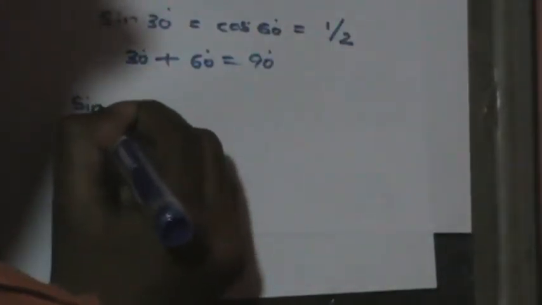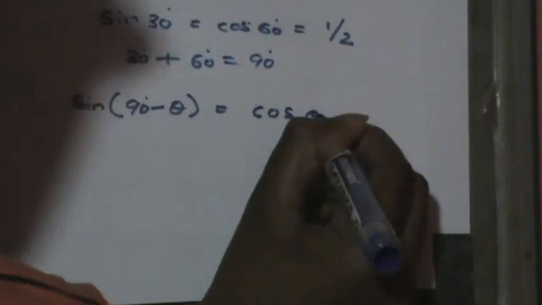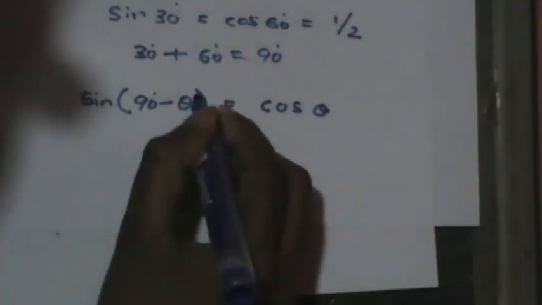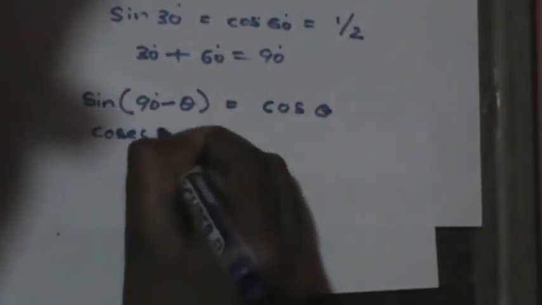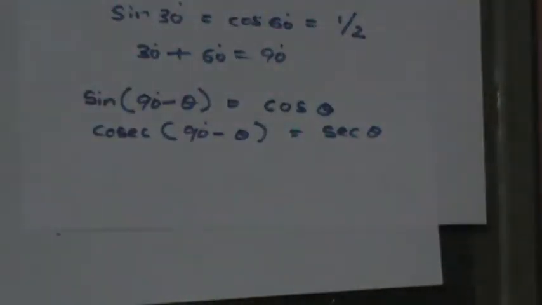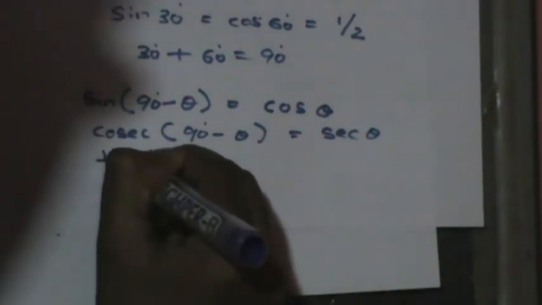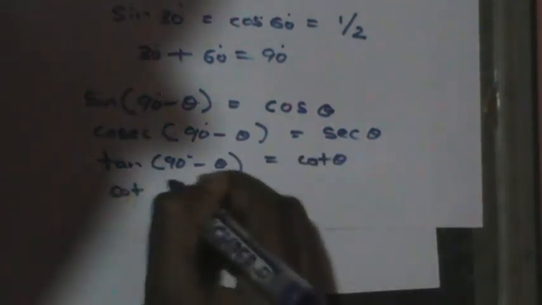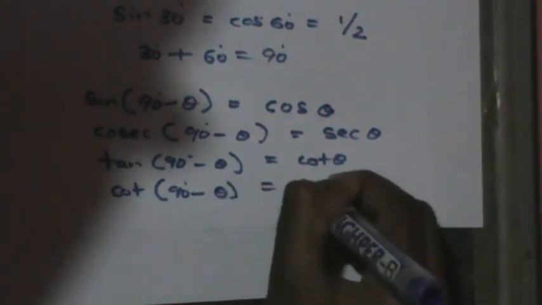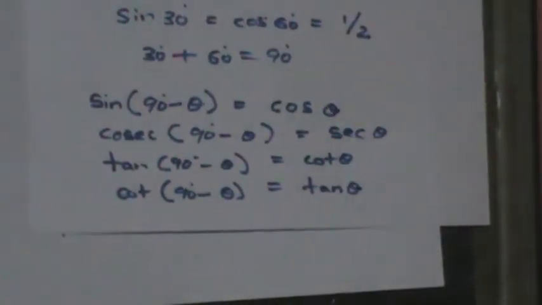So if sin(90 minus theta) is equal to cos theta, then 1 upon sin(90 minus theta), which is cosec(90 minus theta), equals 1 upon cos theta, which is sec theta. And tan(90 minus theta) equals cot theta, and taking the reciprocal identity, cot(90 minus theta) equals tan theta. So these are the cofunction identities.